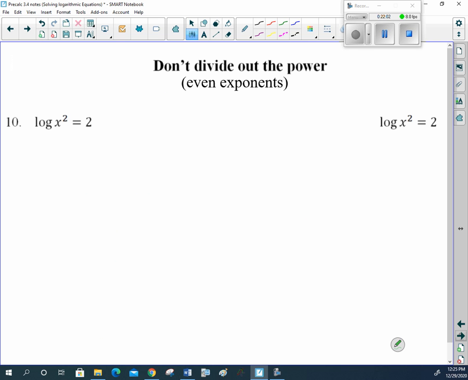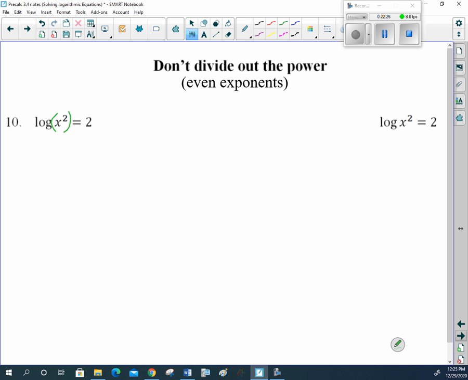You would get an answer because of the way the original problem is written. The original problem is written with the argument being squared right here. So it doesn't matter what you put in for x, since you're squaring it to begin with, it's always going to be positive. So in this format, you can have a negative answer. So you don't want to divide out even powers.